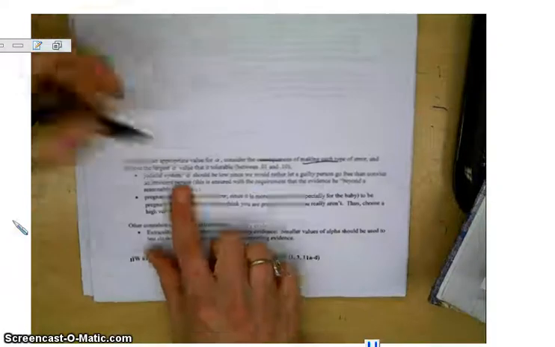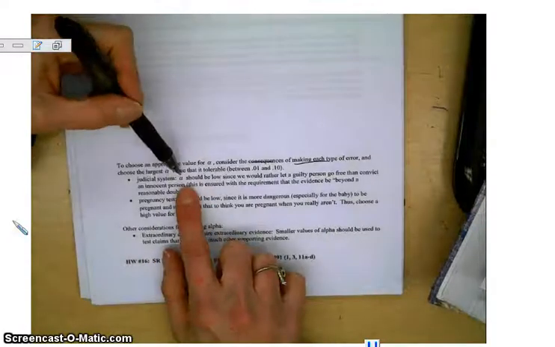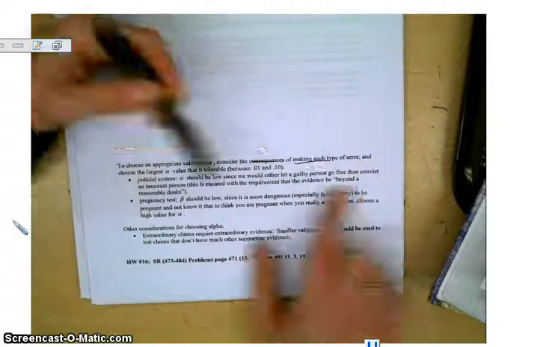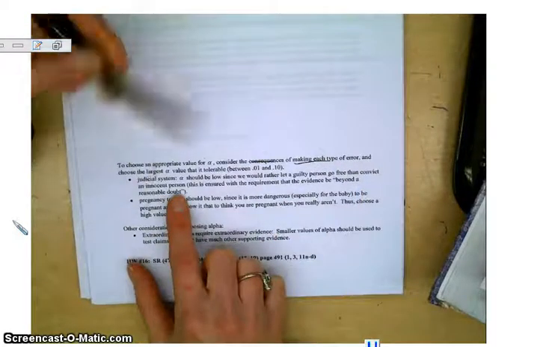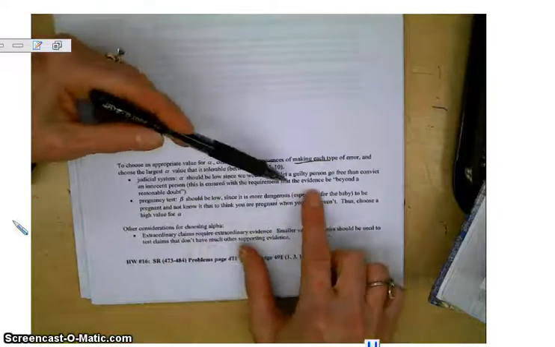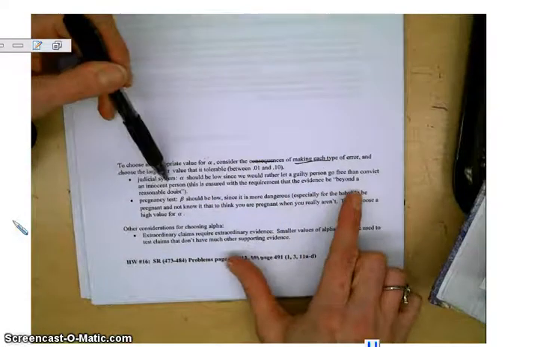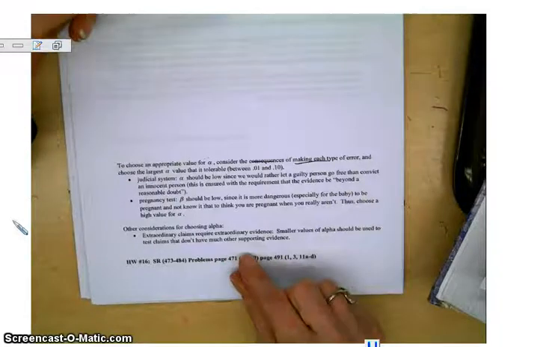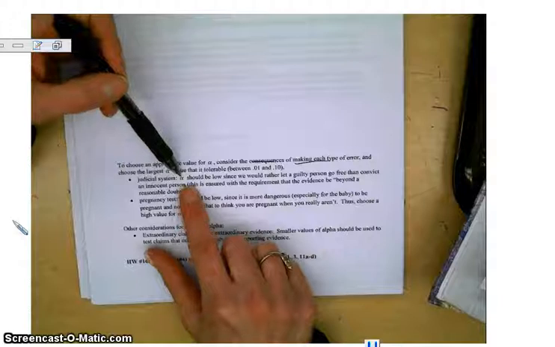So in that situation, I'd pick something like 0.05. In the judicial system, alpha should be low because we'd rather let a guilty person go free than convict an innocent person. This is ensured with the requirement that the evidence be beyond a reasonable doubt in order to say that they're guilty. So in other words, alpha needs to be really low.